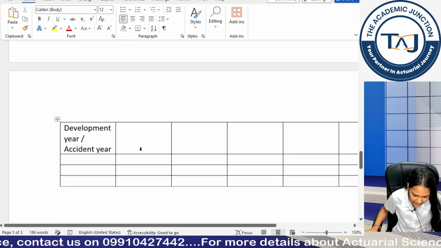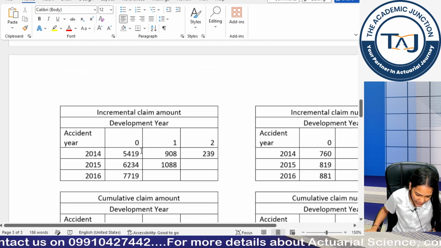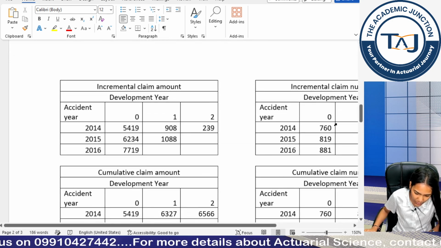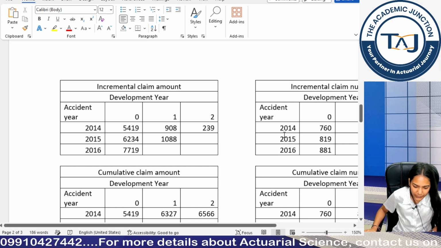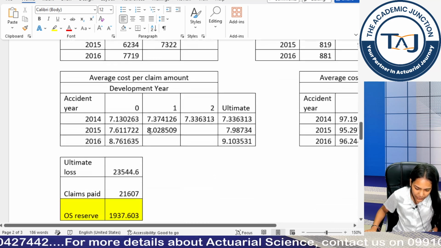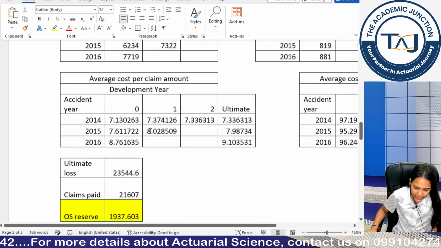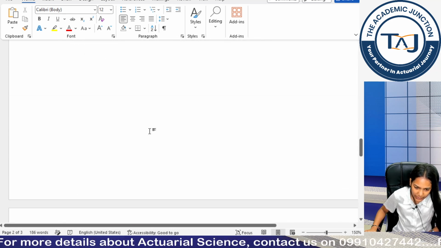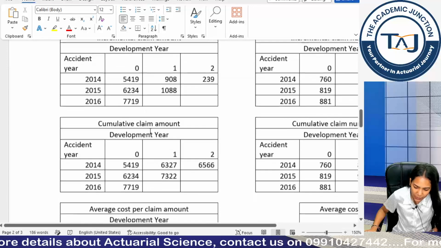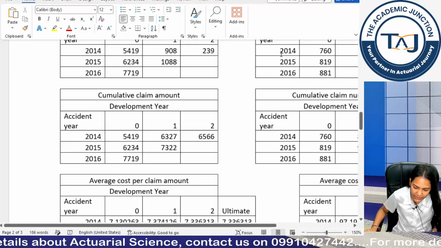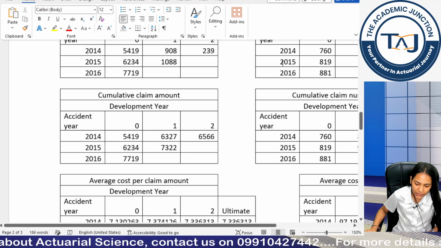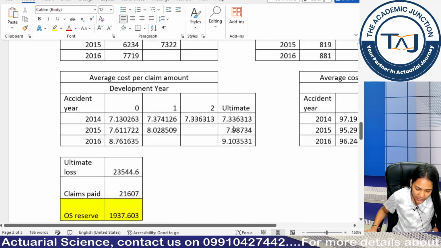So I would be getting my cost per claim by dividing this amount with this amount basically. Clear guys? Is it clear? I would be getting my cost per claim amount by dividing these two amounts. So simply I will do that.